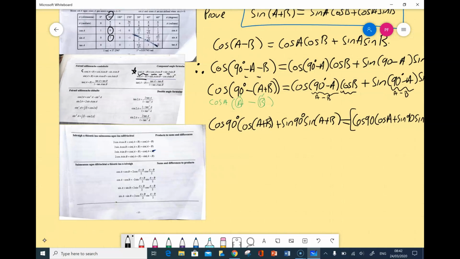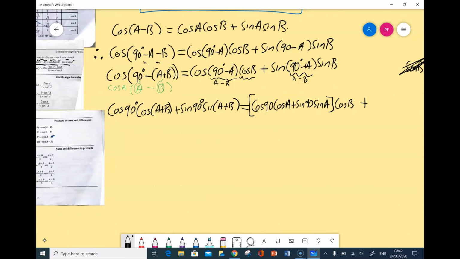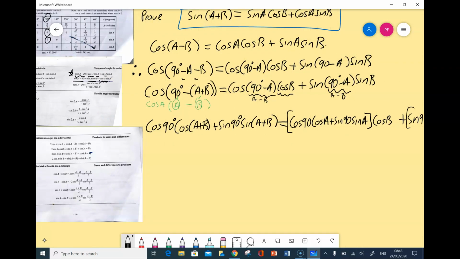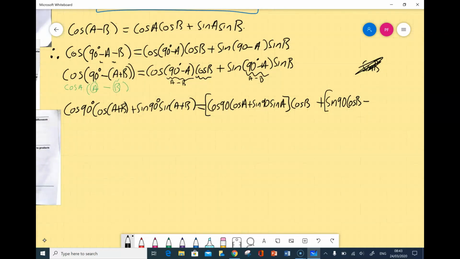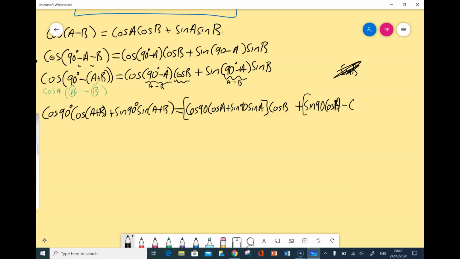So sine of A minus B is sine A cos B minus cos A sine B. So it is sine 90 cos A minus cos 90 sine A, and that's all being multiplied by sine B.